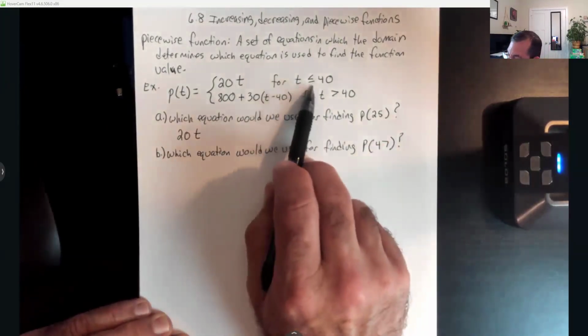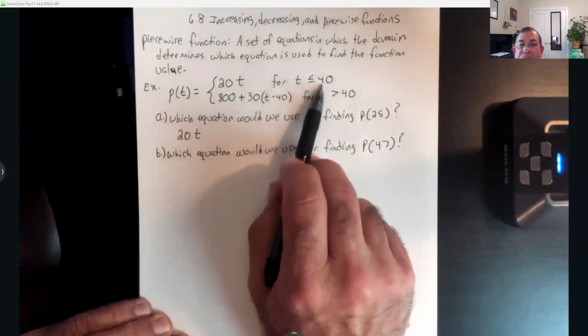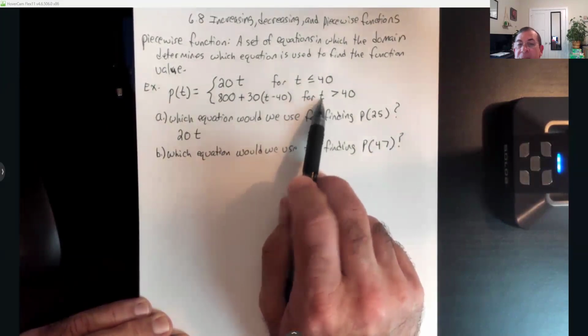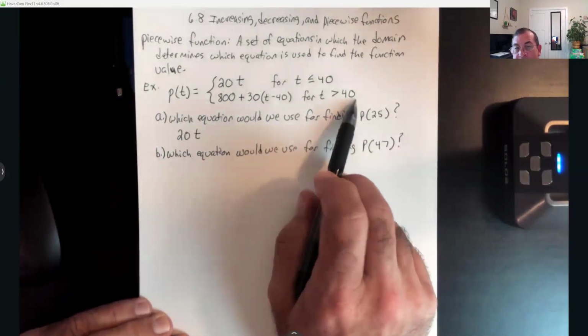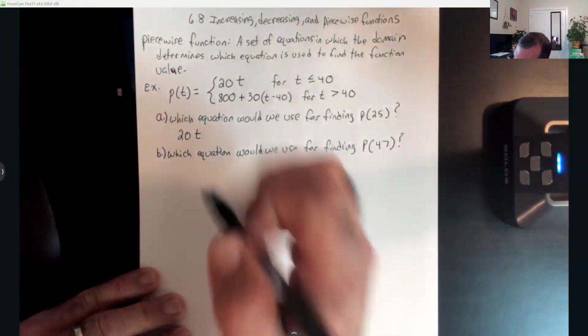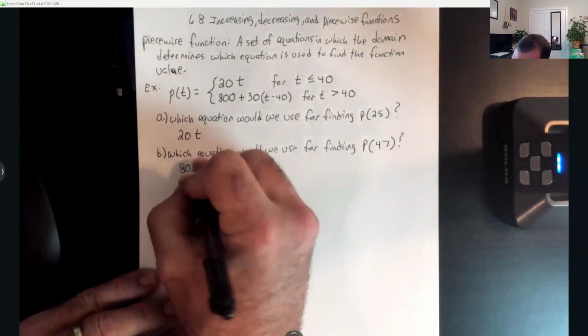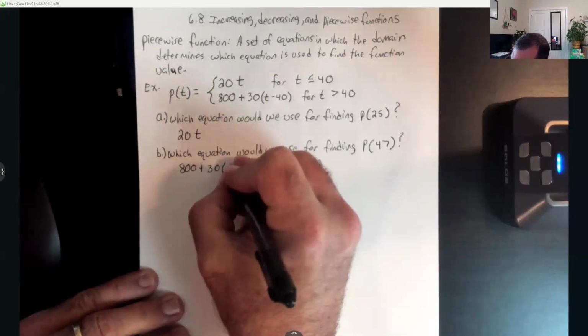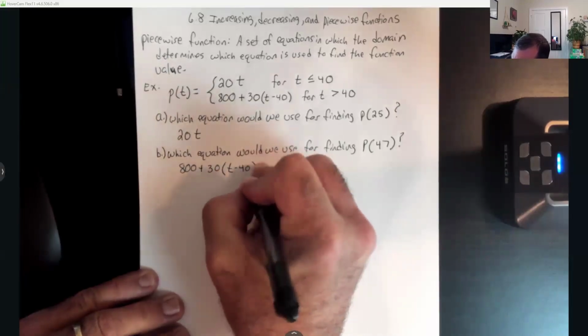So we come up here, 47 is not less than or equal to 40. So I look at the second equation. 47 is greater than 40. So since that's true, I would use the second equation, which is 800 plus 30 times T minus 40.